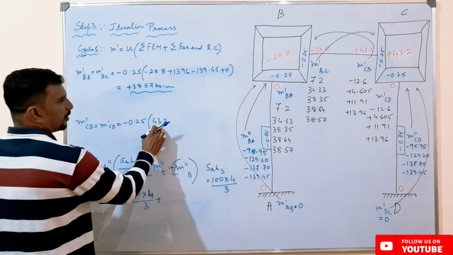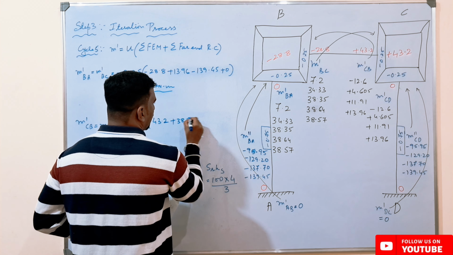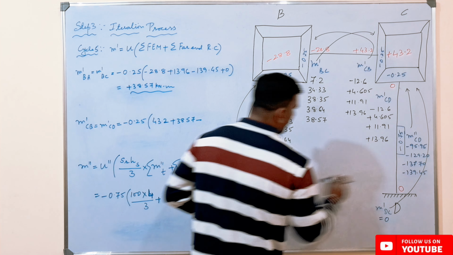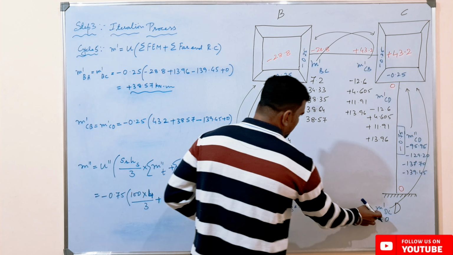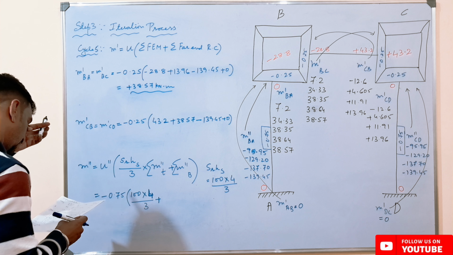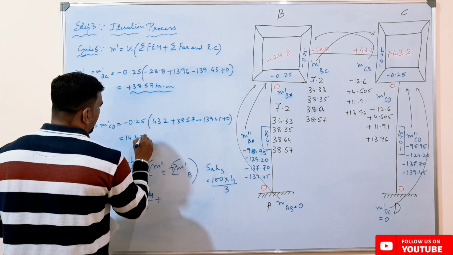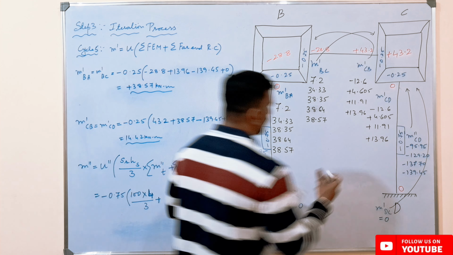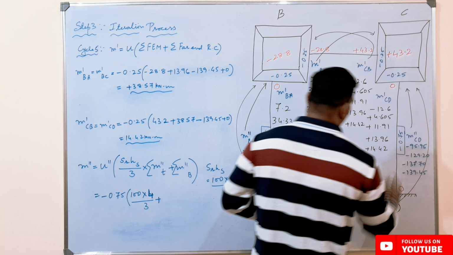So here the new iteration value we are having, that is plus 38.57 and minus this one here 139.45 plus 0. About this point is 0 over here. So we are having a value of 14.42 kilonewton meters. So plus 14.42, here also it is plus 14.42.